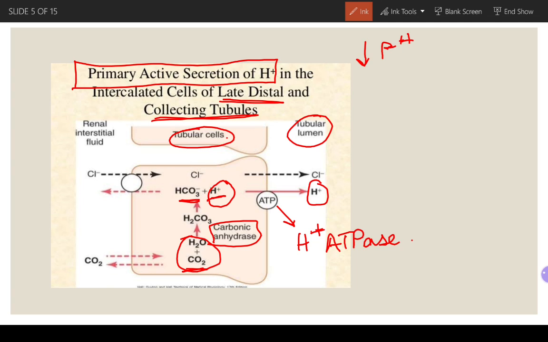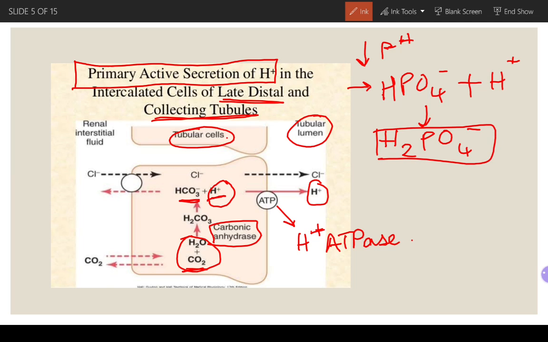So for this there is another mechanism. One of it is your phosphate buffers, that is HPO4 minus. This reacts with that H plus to form H2PO4 minus, and this can be easily excreted in urine.